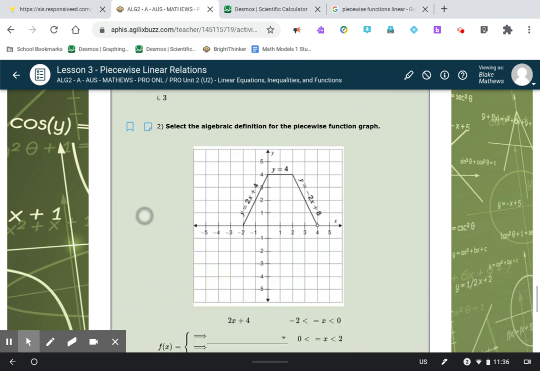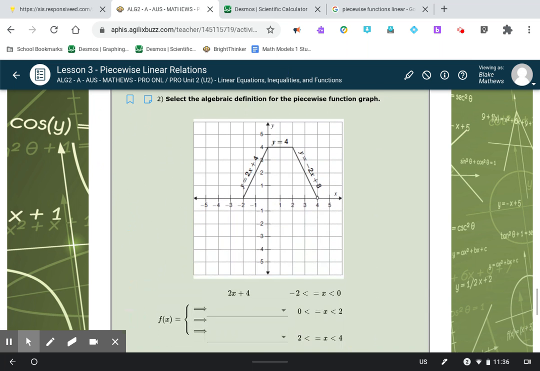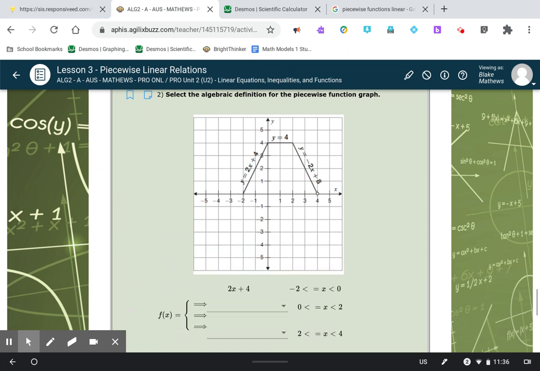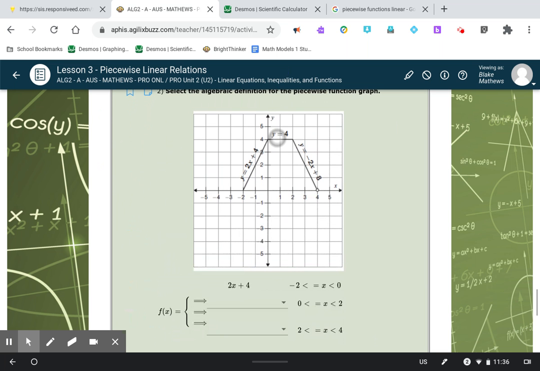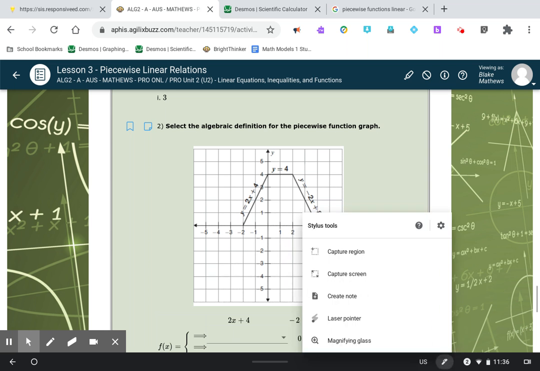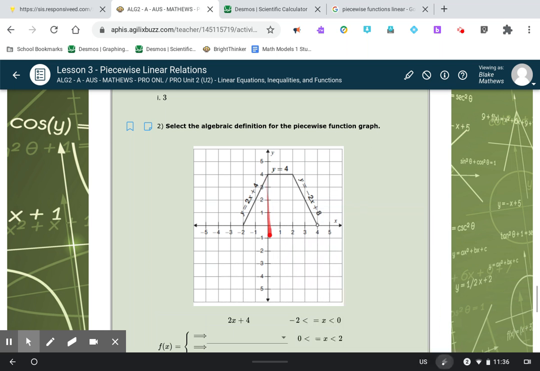Down at the bottom here, they've already given you most of the information filled in. You just need to determine what part of the graph from 0 to 2, what is the equation of the graph? So in other words, from here to here, what is the equation of the graph? It's right there.